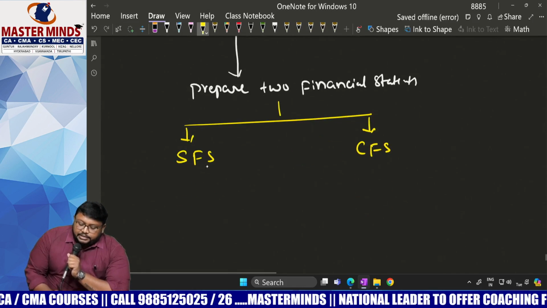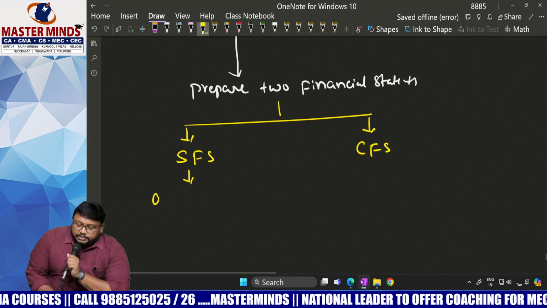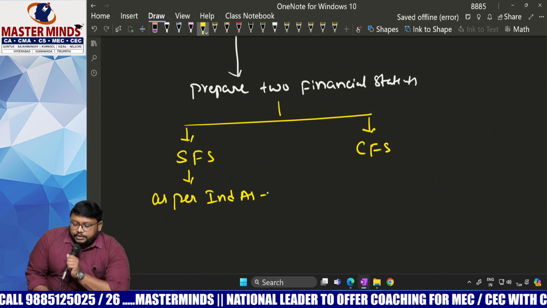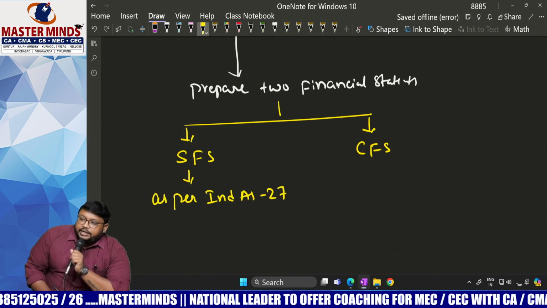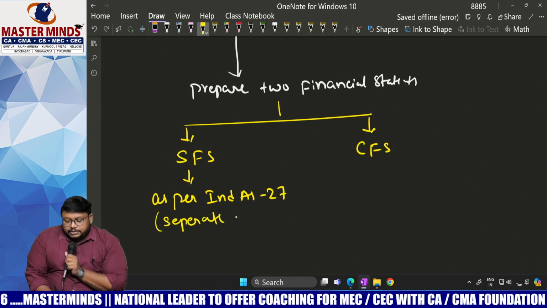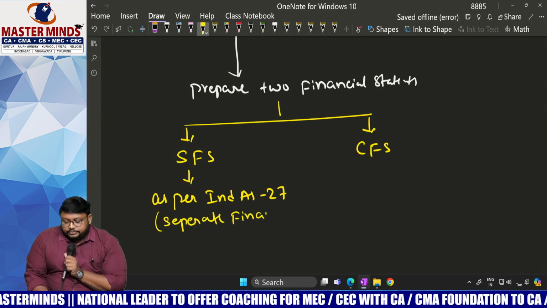The separate financial statement they will prepare as per Ind AS 27, which deals with separate financial statements.